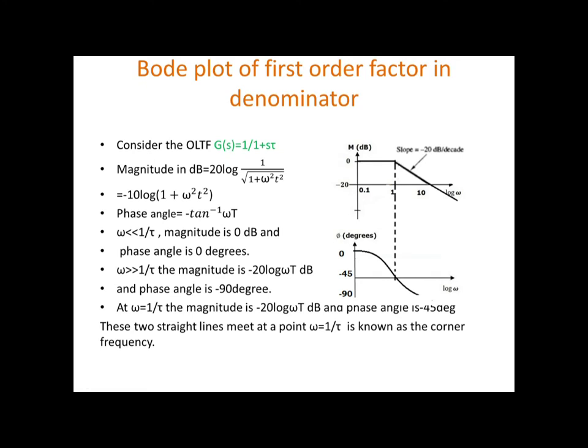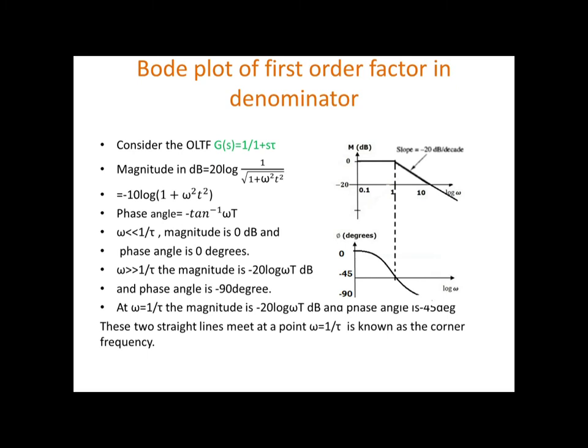Actually in bode plot there are two types of plots. One is the approximate plot and the other is the exact plot. When we draw the bode plot using straight lines, it is called the approximate plot or the asymptotic plot.